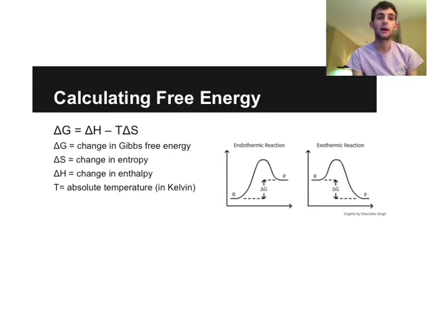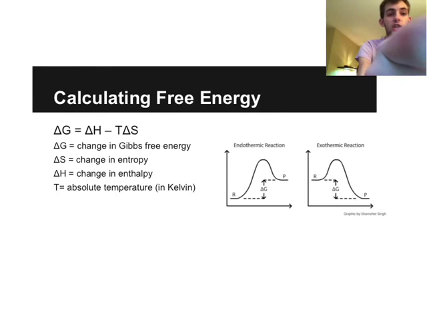So we could calculate the amount of free energy, or the amount of energy available to do work, using that formula. And that G, or that delta G, is important because it allows us to determine whether or not a reaction is exergonic or endergonic. Exergonic means that energy is released or exits the system. Endergonic reactions absorb energy, or energy is gained by a system.